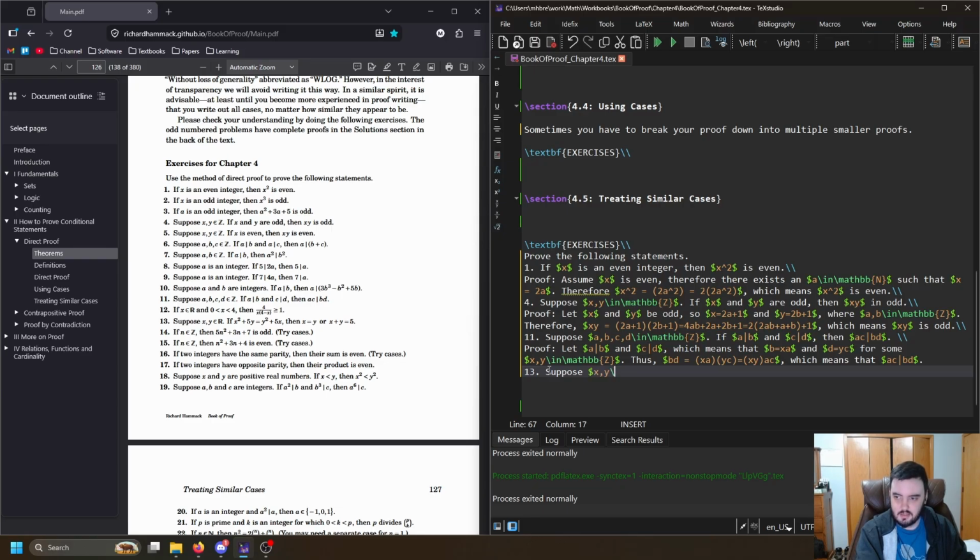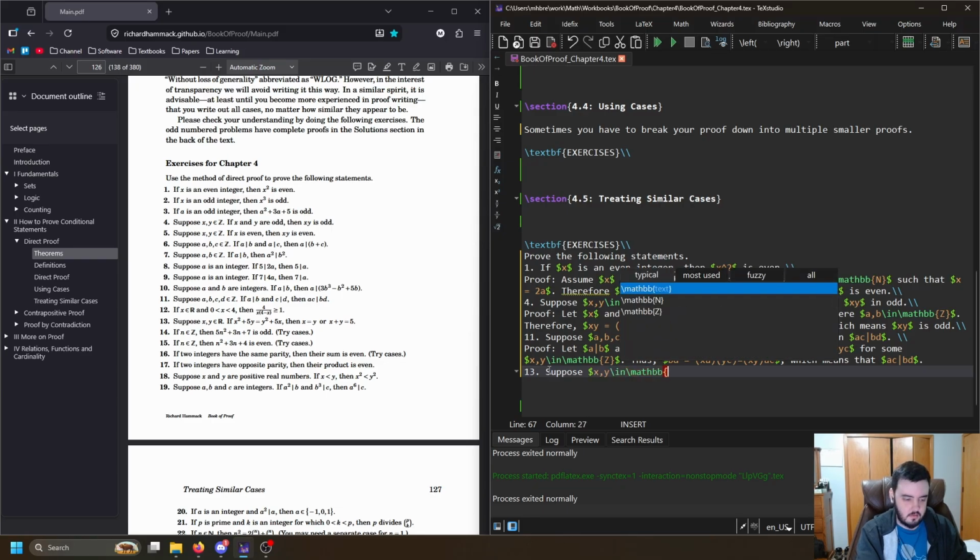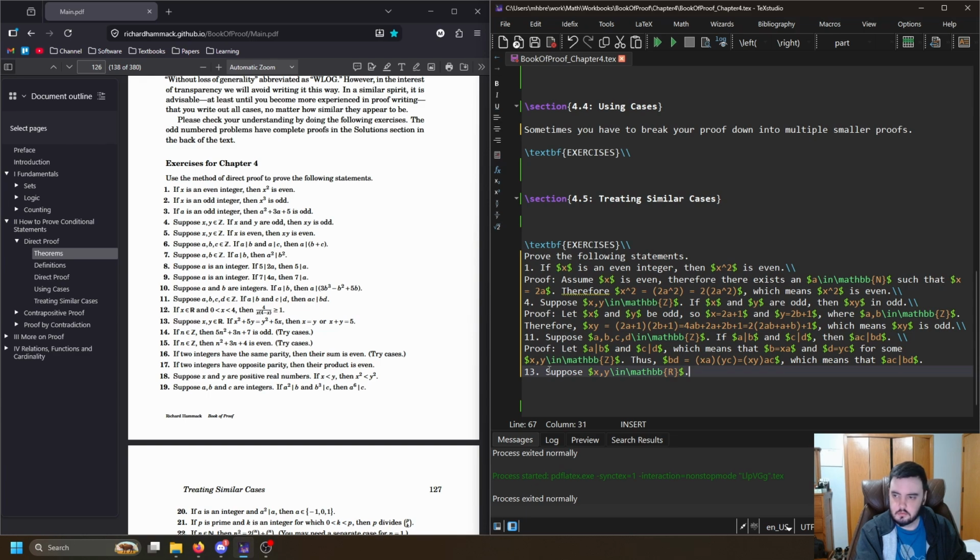Suppose x, y in the real numbers. If, where are we at, 13, if x squared plus 5y is equal to y squared plus 5x, then x equals y, or x plus y equals 5.